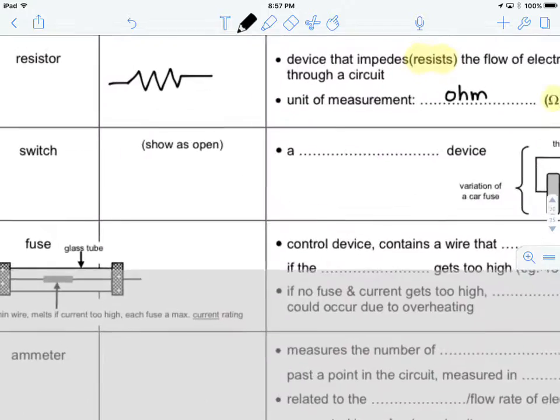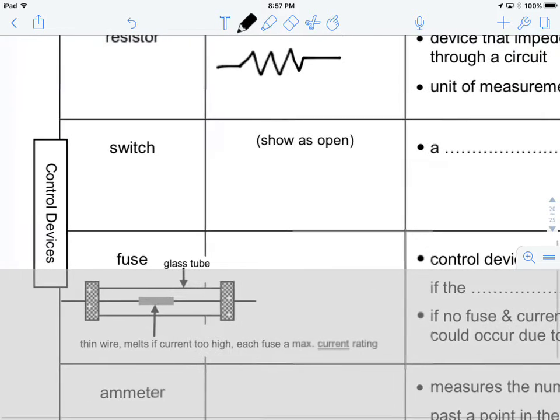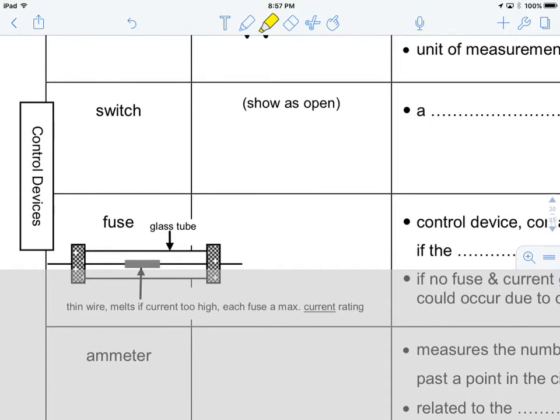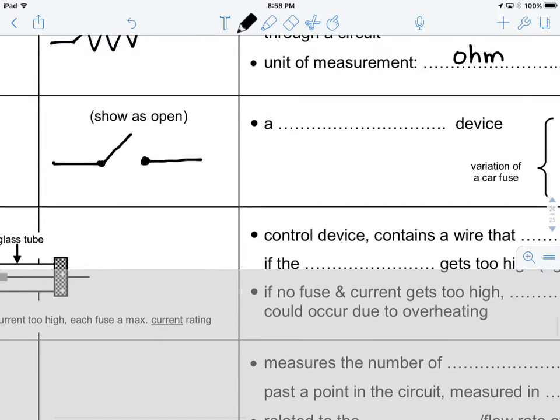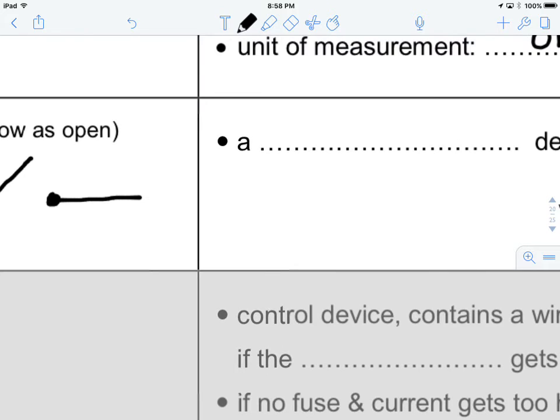So a switch is a control device, and we can see that down here. These are all the different control devices we're going to talk about. And a switch, if we want to show this in the open position, would look like this. Okay, and this is something that we call a control device.